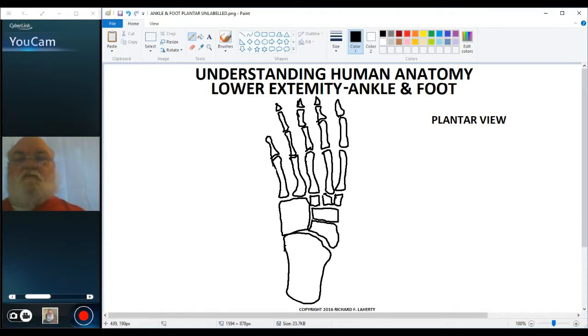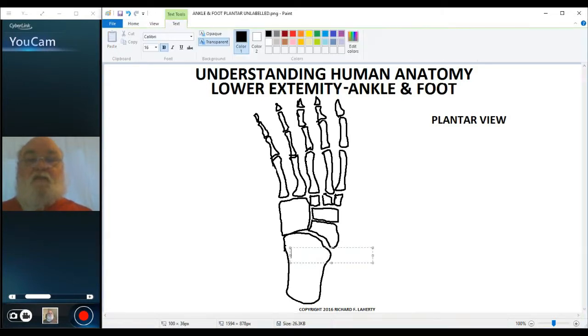Proximal, middle, and distal. So now we'll put in labels, and we'll start with the heel, which is the calcaneus.